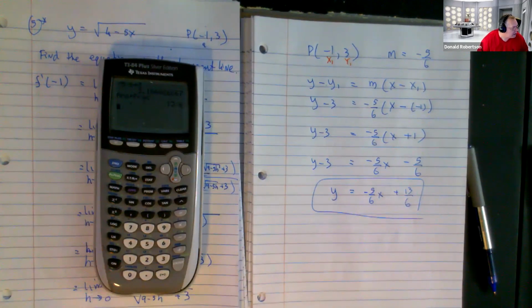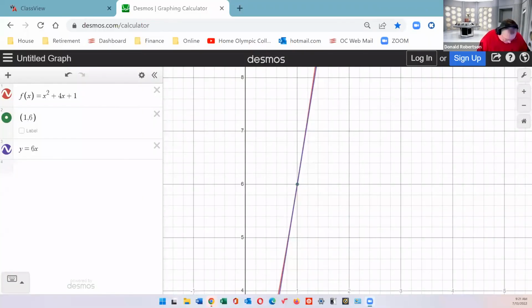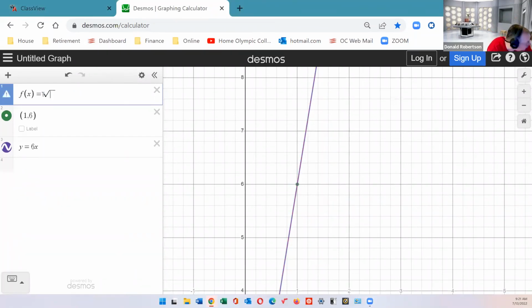And I'm now going to go into Desmos. And we are going to check that that works. So it's a square root of 4 minus 5x. So square root of 4 take away 5x.